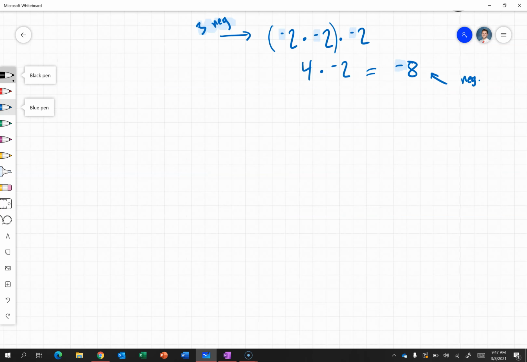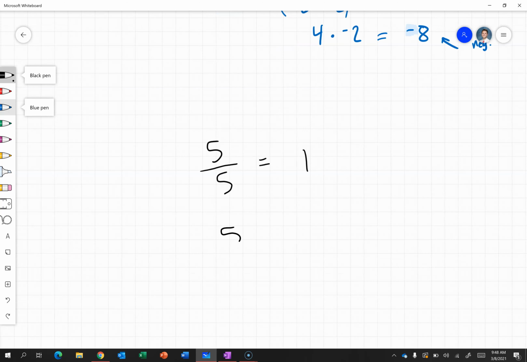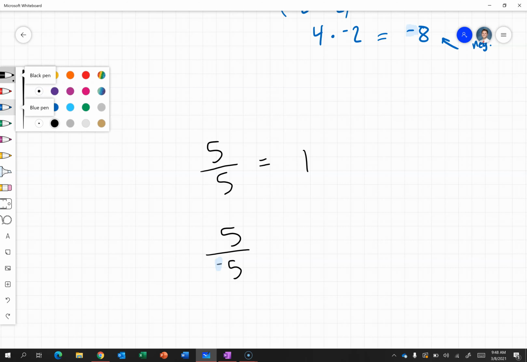So if we were to look at this problem here, right, we'll start with an easy one. 5 divided by 5. We know that 5 divided by 5 equals 1. Now, if we were to do 5 divided by negative 5, again, we can count. I see 1 negative sign here, and 1 is an odd number. So that means my answer will be negative.